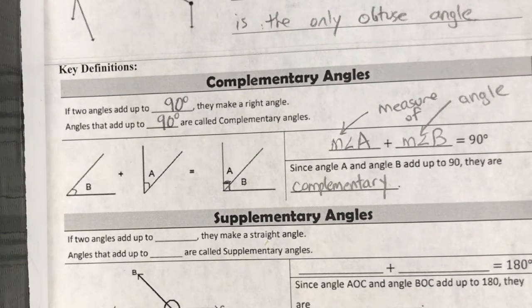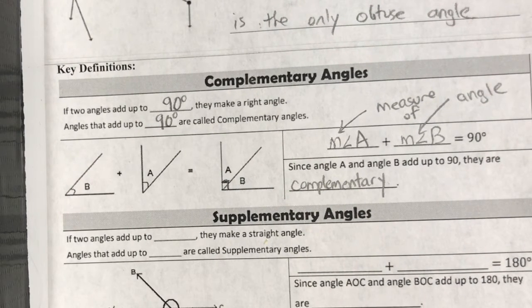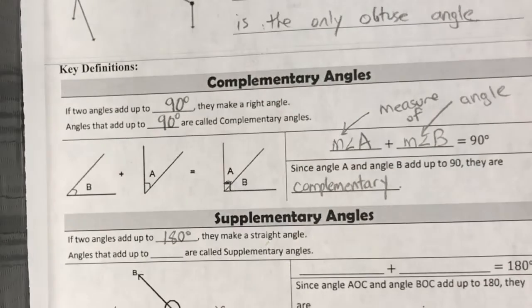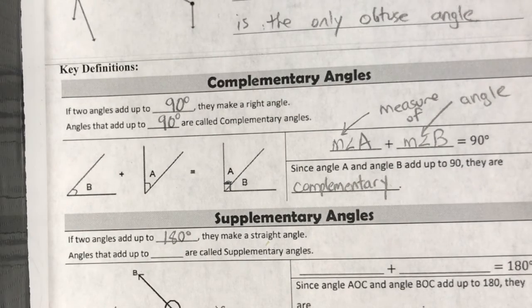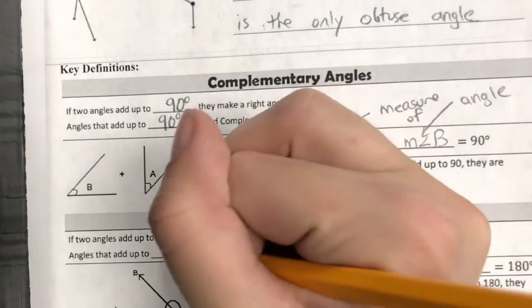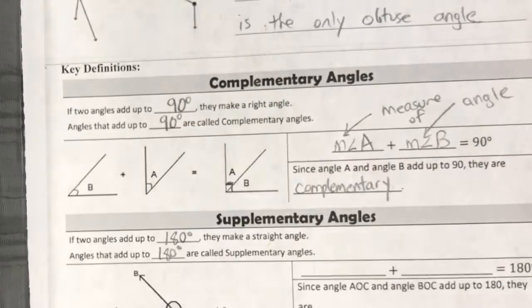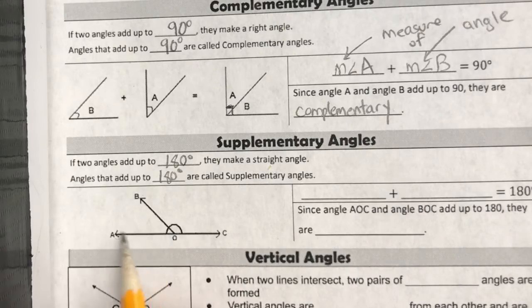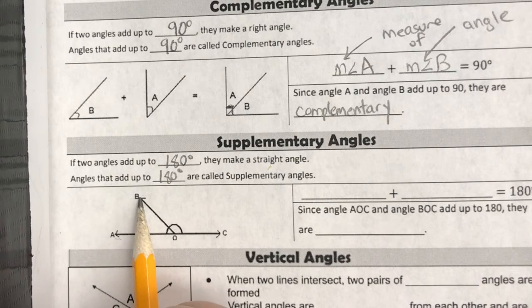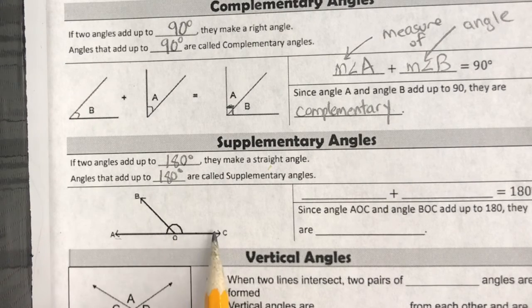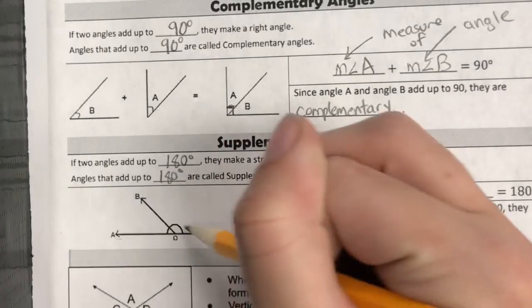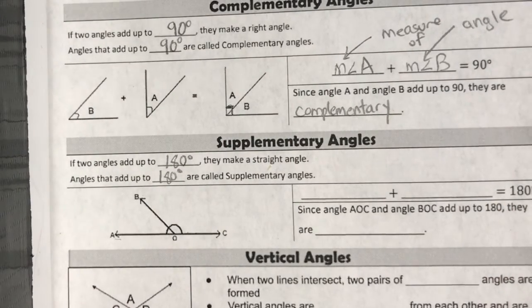Complementary angles and supplementary angles go together. So if two angles add up to 180 degrees, they make a straight angle. And angles that add up to 180 degrees are called supplementary angles. So that's what we have here. We have this angle AOB, and then this angle BOC. And then together they add up to 180 degrees, a straight line, so we'd call them supplementary angles.